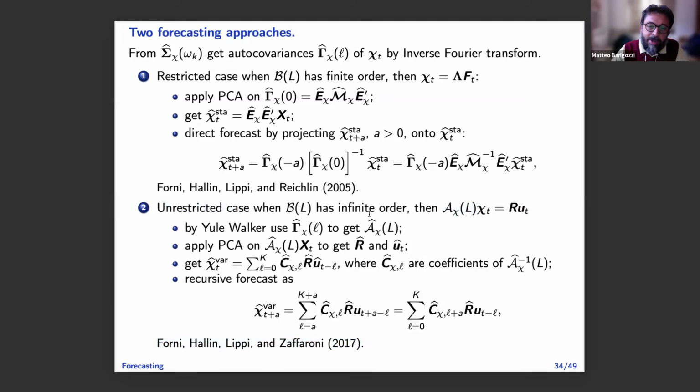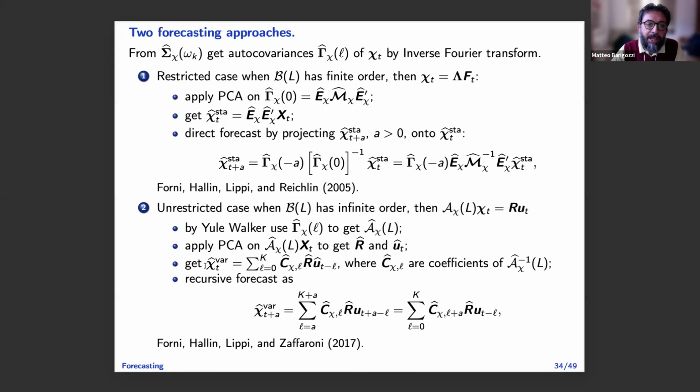But then you can estimate things again. So you start from your gamma chi of L that you get from the beginning. So same starting point. You estimate this polynomial by Yule-Walker, again. And then you apply PCA on the filtered data, and you get R and U. This is static factor model. For the filtered data, they have a static factor model. So do PCA.